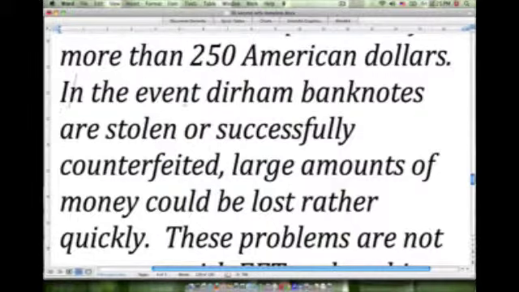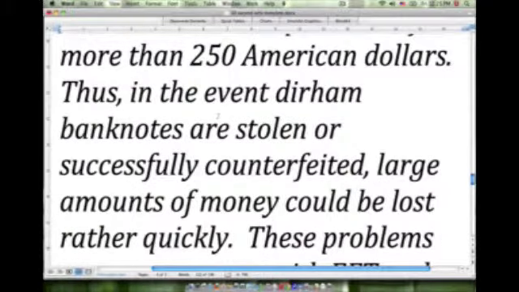Okay, now I'm going to use a little cohesion in here. Thus, in the event dirham banknotes are stolen or successfully counterfeited, large amounts of money could be lost rather quickly. Now, when you read this sentence, can you see how this sentence links back to our example and shows how the example proves that cash as paper money, as banknotes, is not as secure as electronic money?